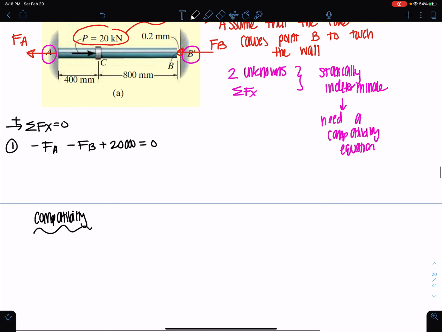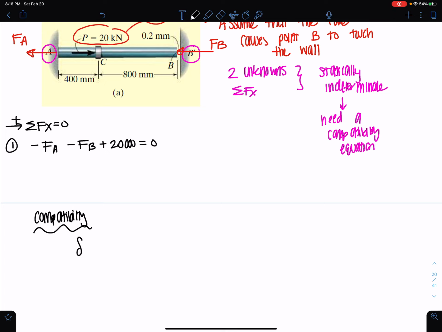I know that the displacement of point B relative to point A has to be 0.0002 meters. It has to be this 0.2 millimeters. That's how much that point has to move.